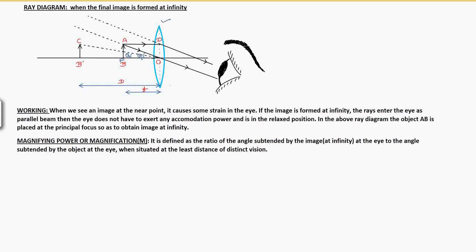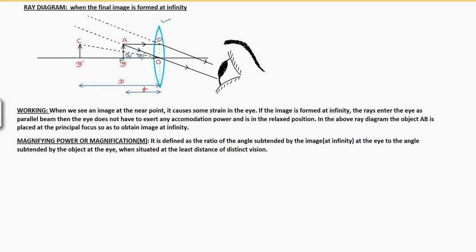And here in this diagram, AB is the object which is situated at the principal focus F and the image is formed at infinity. And the definition of magnifying power or magnification for this position is, it is the ratio of the angle subtended by the image at the eye to the angle subtended by the object at the eye when the object is situated at the least distance of distinct vision and the image is at infinity.